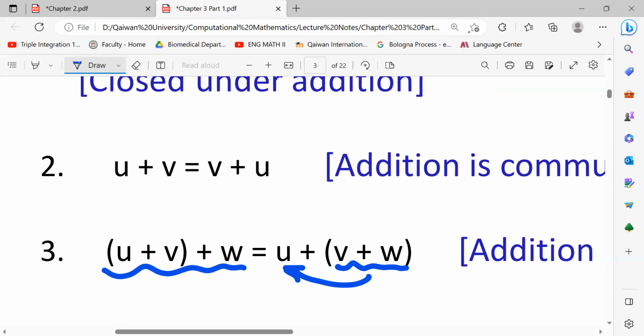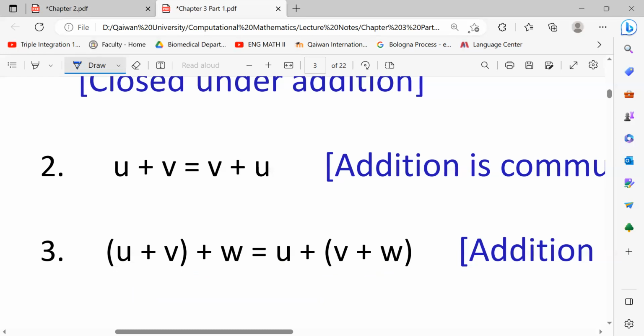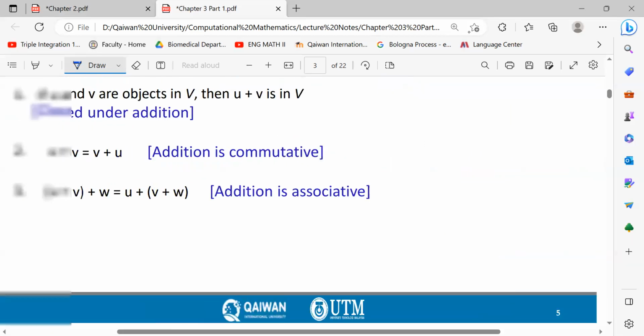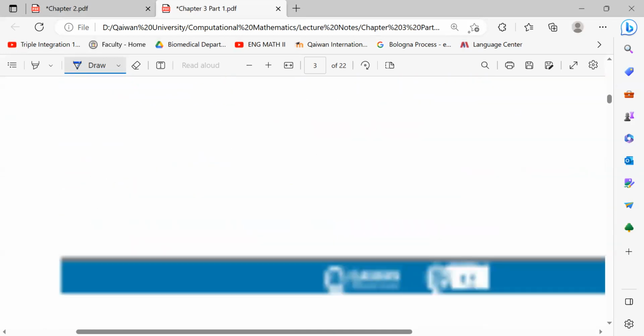With addition, it must be associative. These are three of the conditions. Okay? Three axioms of vector addition.